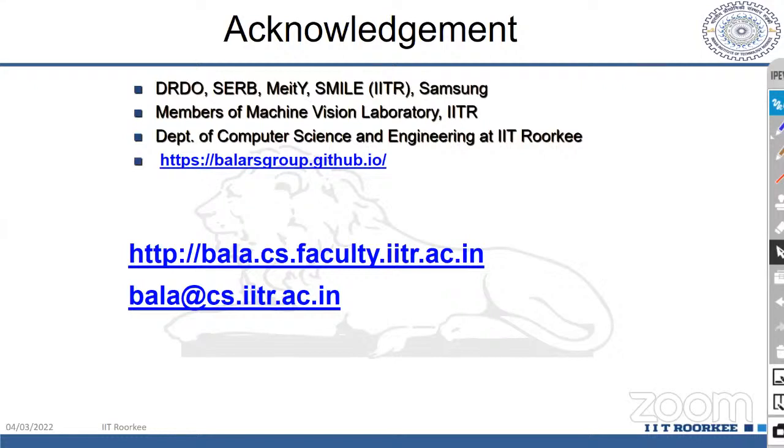Another question is how to extract keyframes from video based on motion. Keyframes depend on the problem. For example, we have done work on video skimming. Video skimming means suppose a 3-hour movie is there, and I want to reduce it to half an hour, but I should still know the complete story. In this case, you are extracting the keyframes.